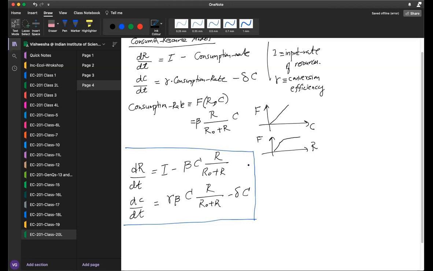With respect to the second plot that you drew, the F-R plot, you're assuming that the number of consumers is constant, right? For a given value of C, how should this function look?